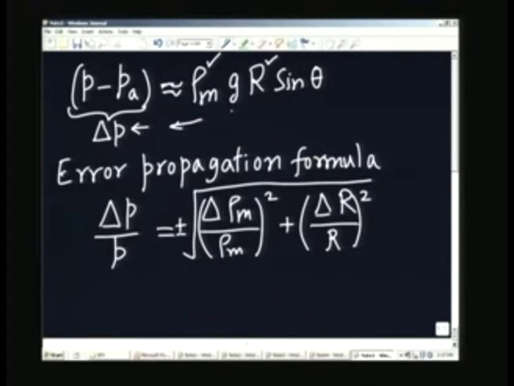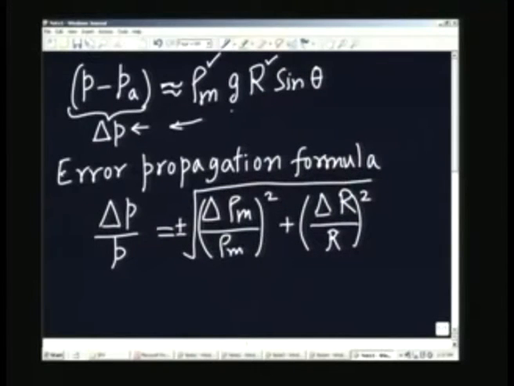Because in this particular case, delta p is a function of the product of rho m, g and r. G and sin theta are not going to come into the picture, because they do not have any error assigned to them. Therefore, there are only two sources of error, error in rho m, error in r, and if I substitute these errors in terms of percentages, this whole thing can be written in terms of percentages. Delta p by p percent is plus or minus under root of this percent whole squared plus this percent whole squared. That is another way of writing it.